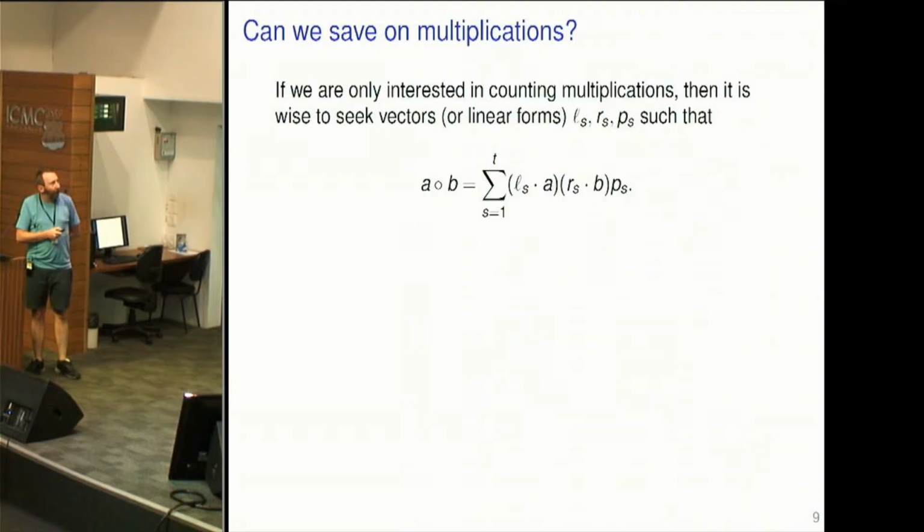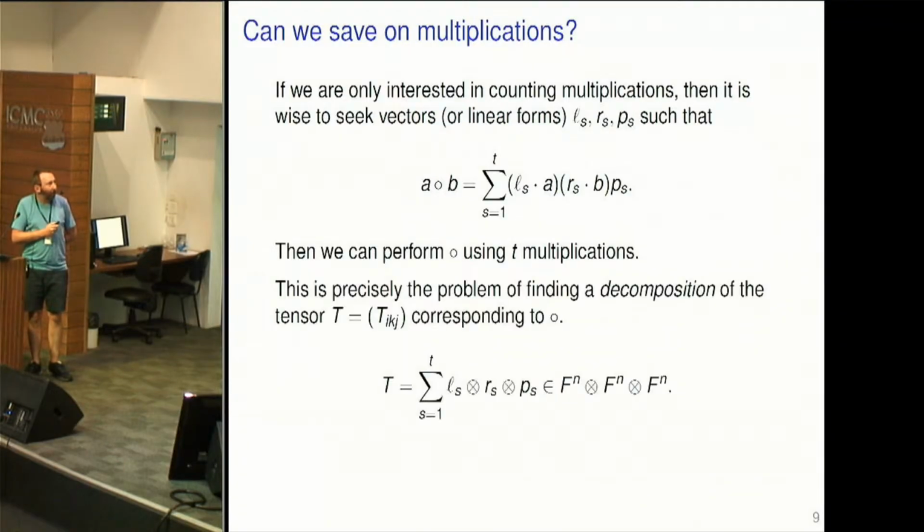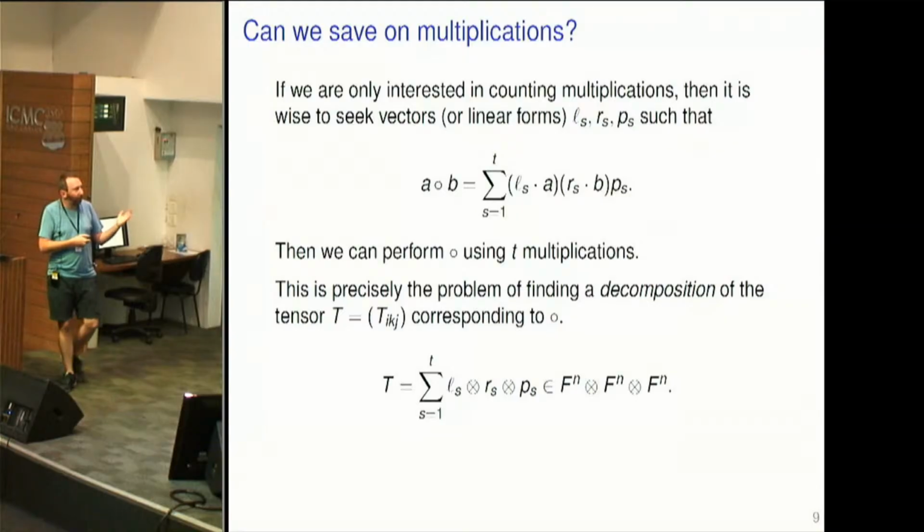And this number t at the top, if that's low enough, then that's going to save us some operations, and we can then just do t multiplications. This is effectively working with those t_ijk things, viewing them as a tensor and looking for a tensor decomposition. Okay, so looking for rank 1 tensors that sum up to the cubical array, if you wish.